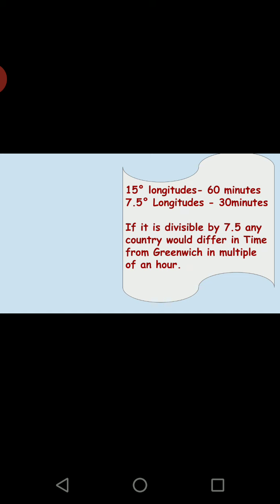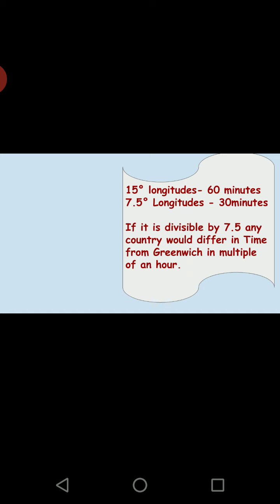Now here goes. How much time does 15 degrees of longitude take? Do you remember? 1 longitude takes 4 minutes, so 15 longitudes take 60 minutes, that is 1 hour. 7.5, which is half of 15, takes 30 minutes.